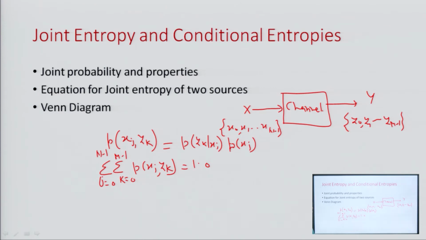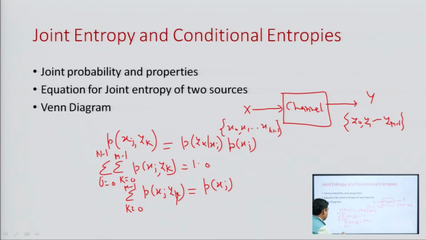But if we calculate the summation of p xj yk over k equals 0 to m minus 1, then this equals p xj.